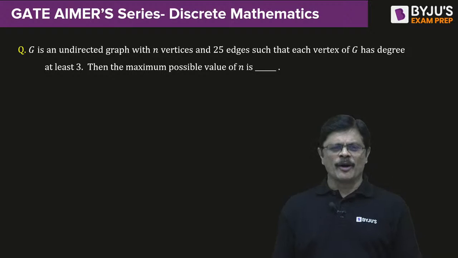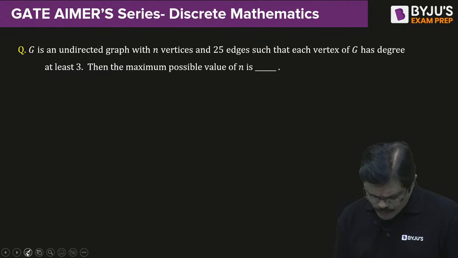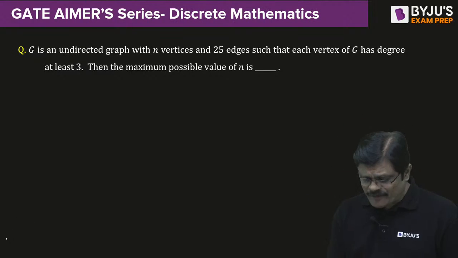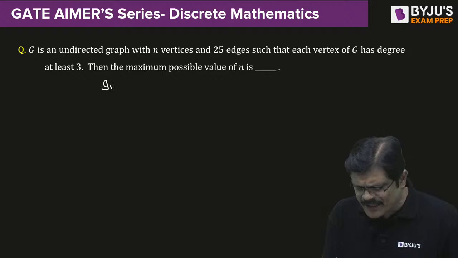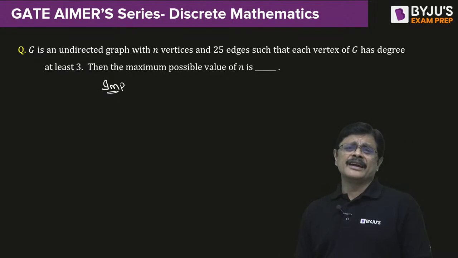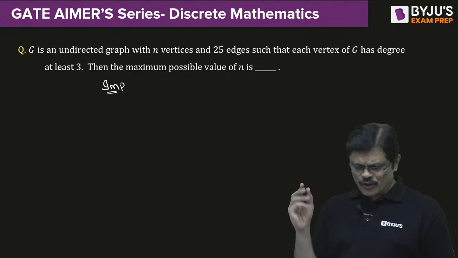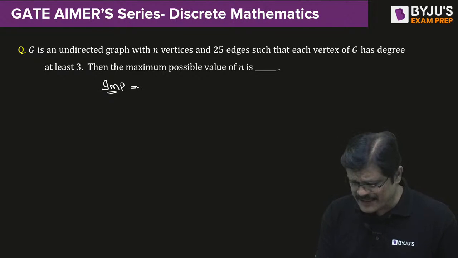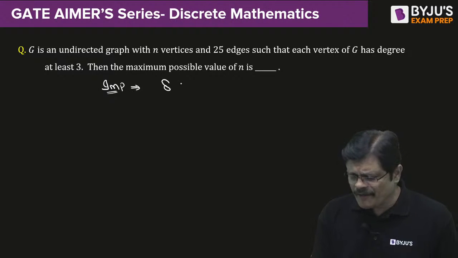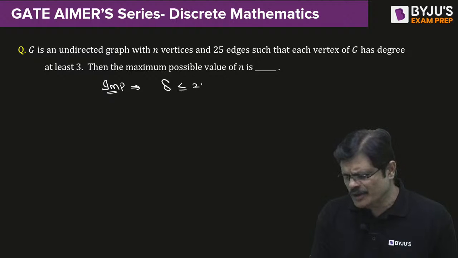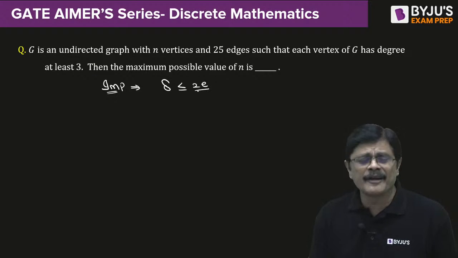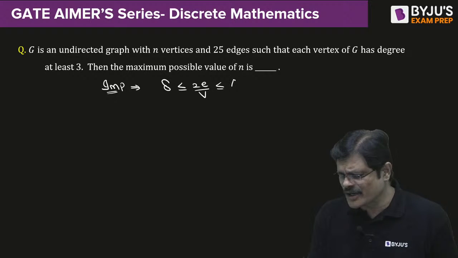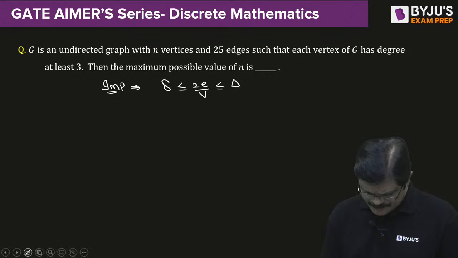So let us take this problem. This is one of the important results in graph theory, and you can find many questions based on this in the GATE examination. The result is: the minimum degree of a vertex is less than or equal to 2 times the number of edges divided by the number of vertices, which is less than or equal to the maximum degree.